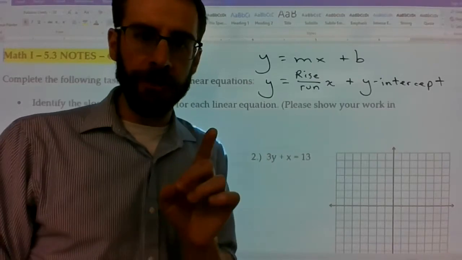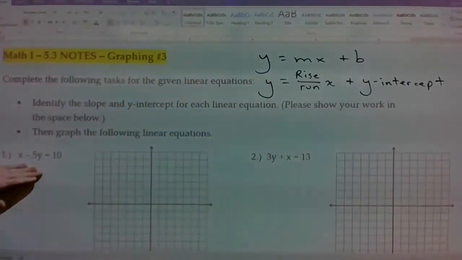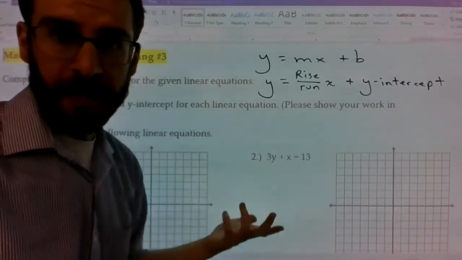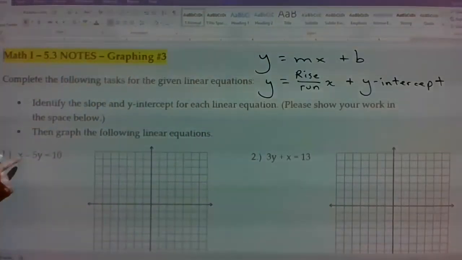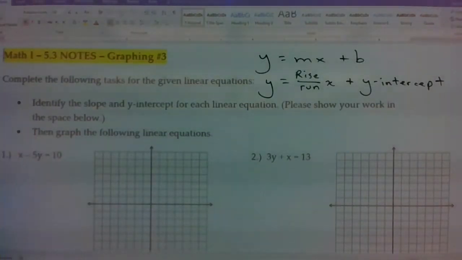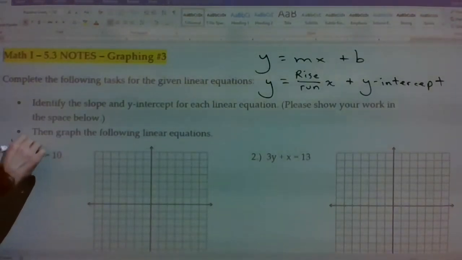So what we want to do is take these equations and rewrite them to look like y equals mx plus b. So for each of these, we need to be able to get y by itself.